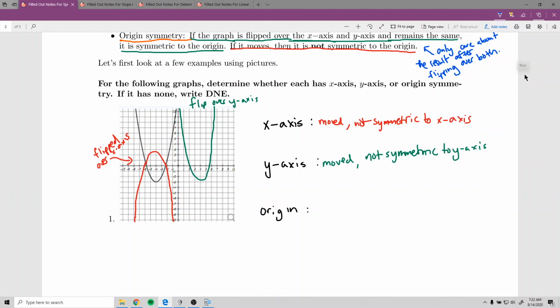Now finally, if we flip it over the origin, that means we want to flip it over the x and the y. The reason why I like to do it like this is if you think about taking the picture right here in red, where it's flipped over the x, then flip this over the y.